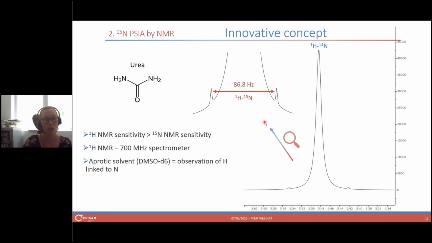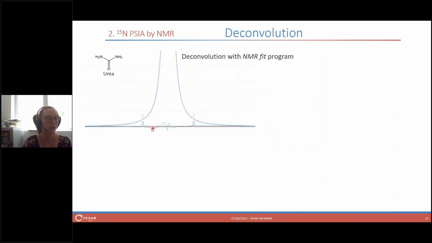After the acquisition, we want to simulate the spectra. This is a deconvolution with the NMR fit program to extract the area of the satellites and the main peak. The ratio of these areas corresponds to the isotope ratio of the molecule, and then we can calculate the isotope composition of the molecule.